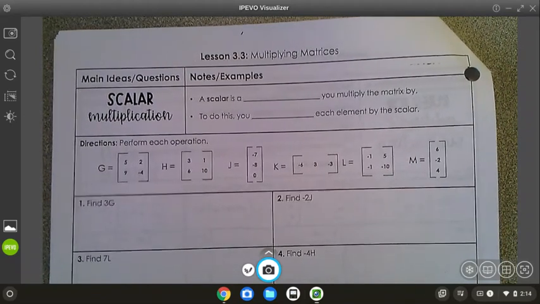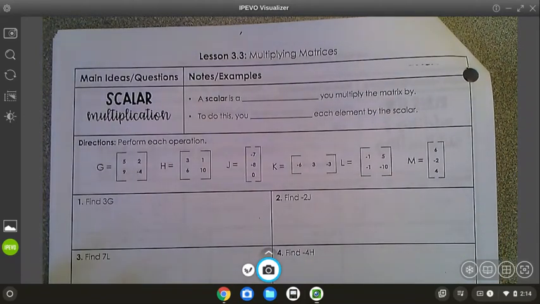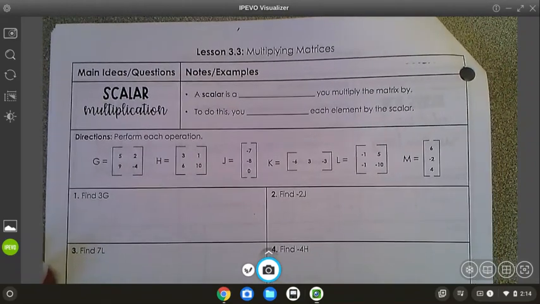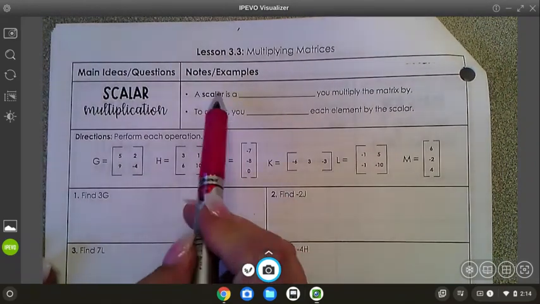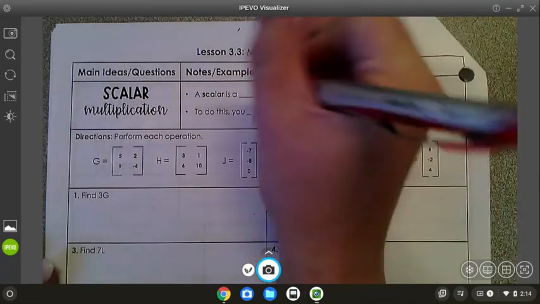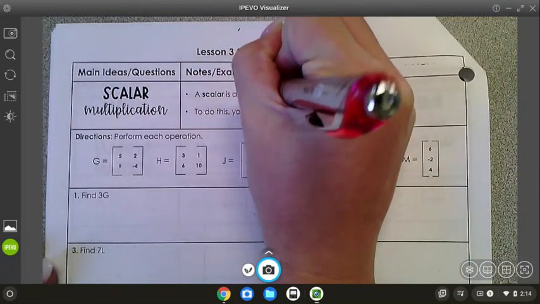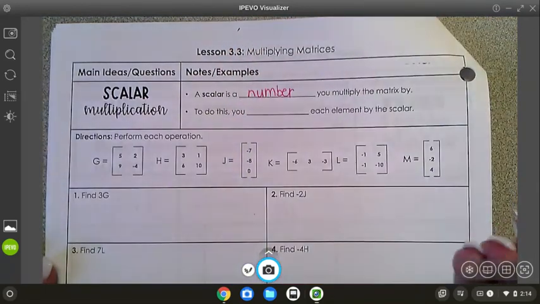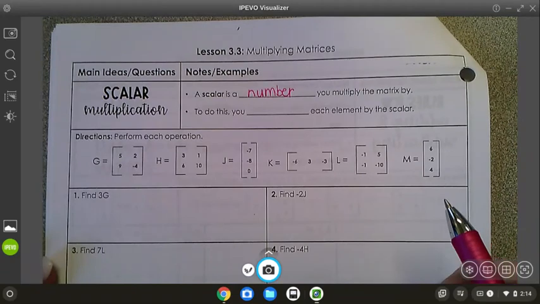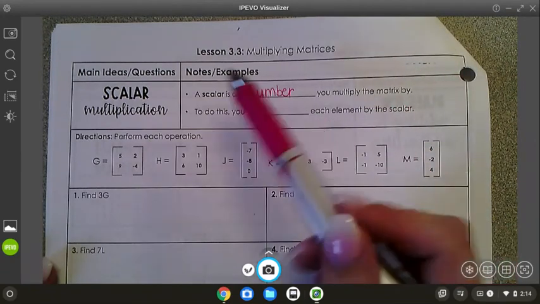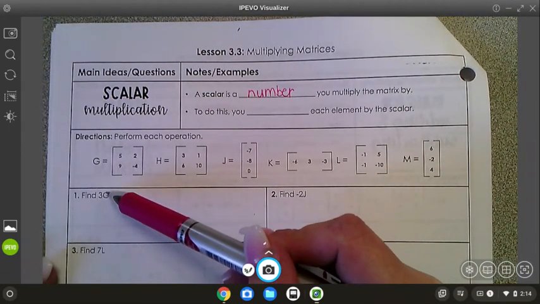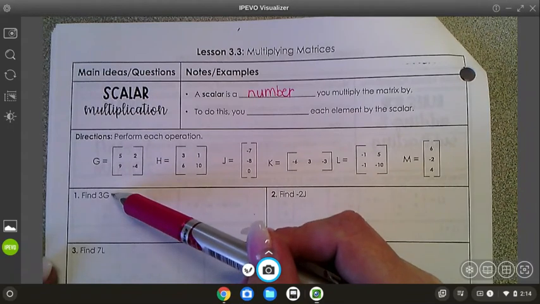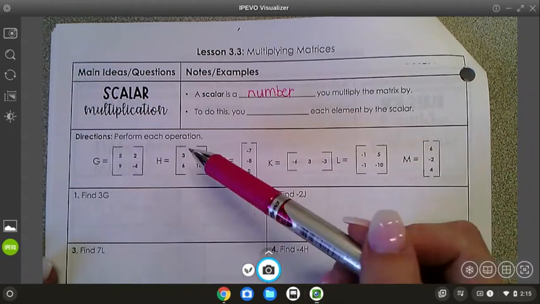The first one is a lot simpler. It's called scalar multiplication. And a scalar is just a number that you multiply the matrix by. And so, like, if you see down here, it's 3 times matrix G, or 3 times any matrix.